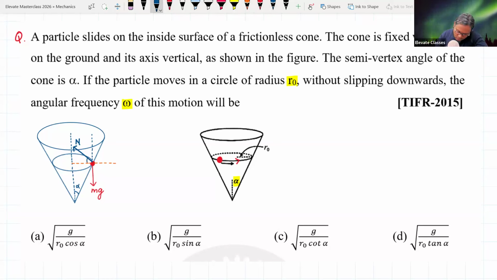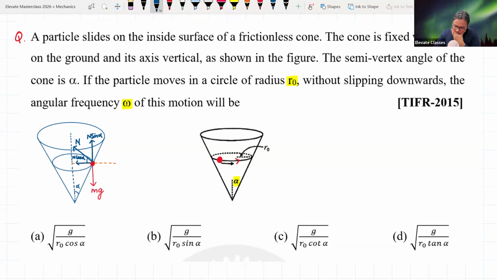So therefore this is N cos alpha, right? And what is this force? N sin alpha. Okay. All right.